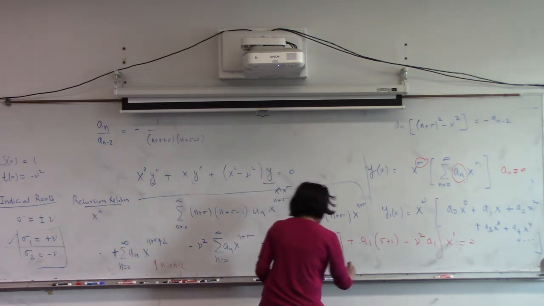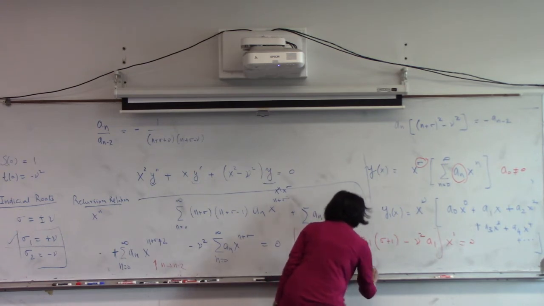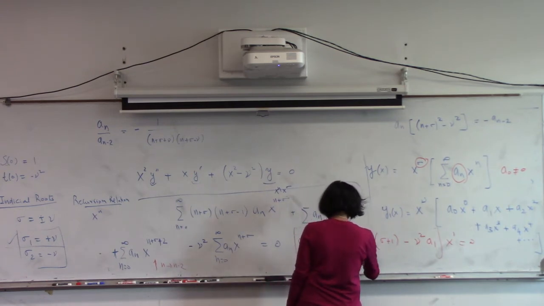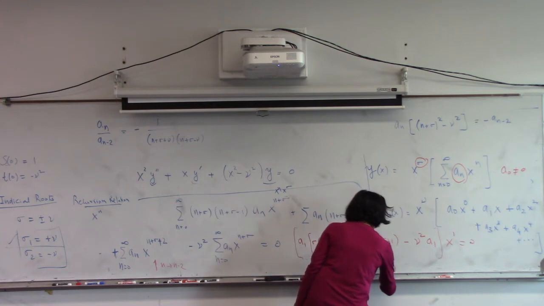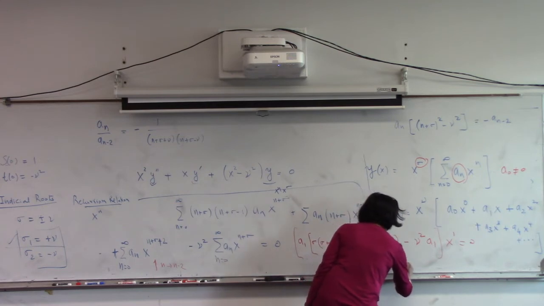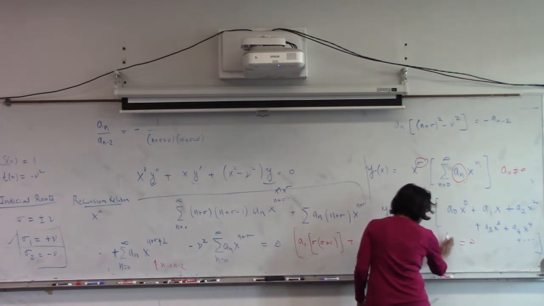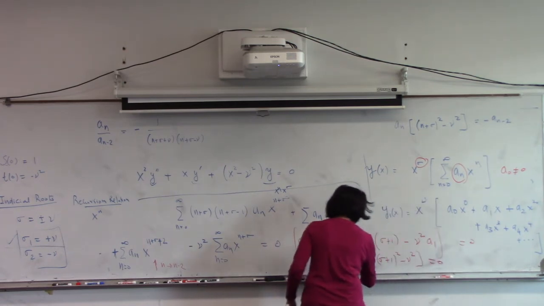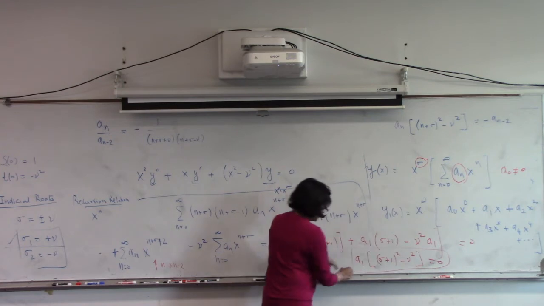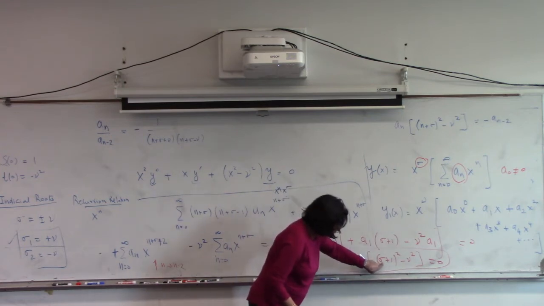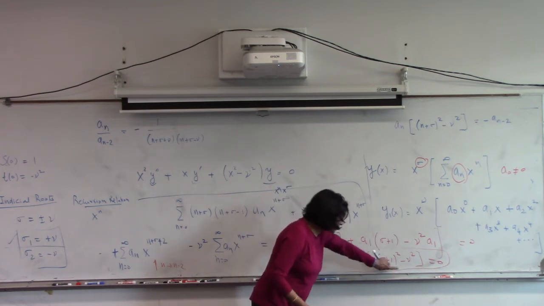So what is this saying? This is saying A1 times sigma plus 1 whole square minus mu square, right? If you're looking at this coefficient, this has to be 0. And since sigma is mu, this cannot be 0.